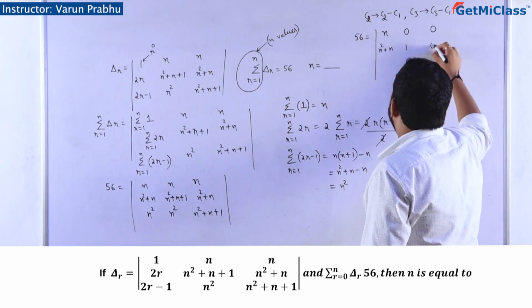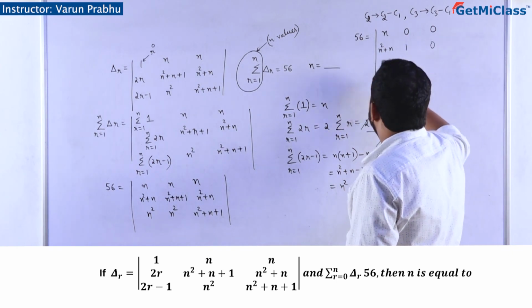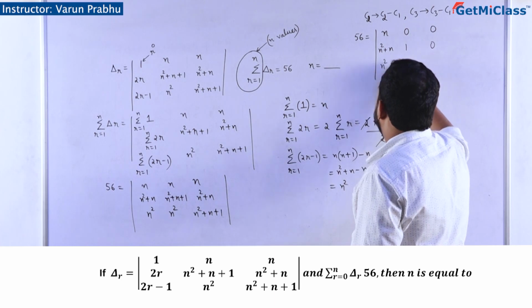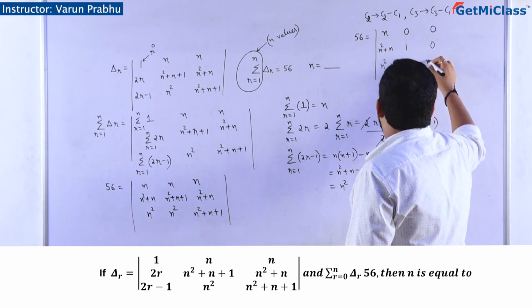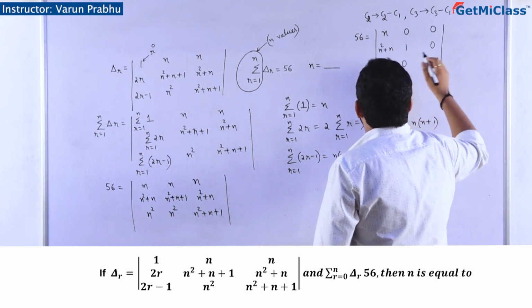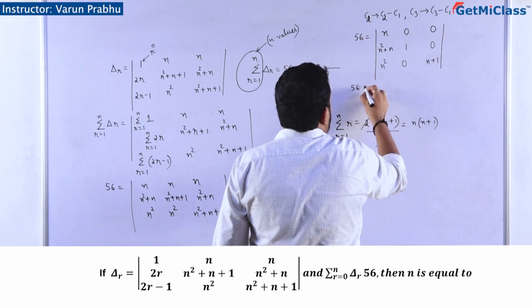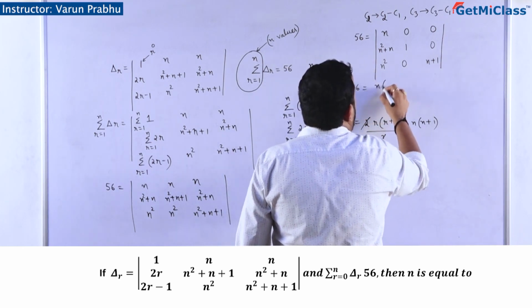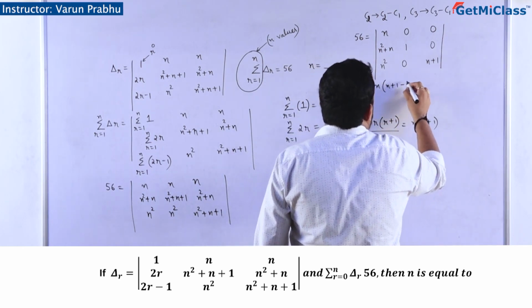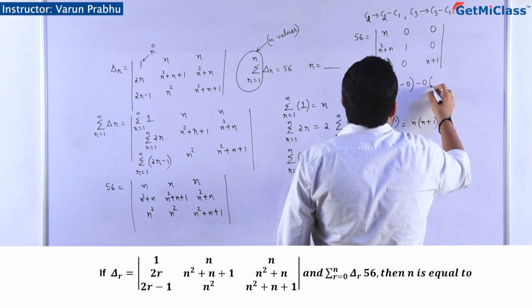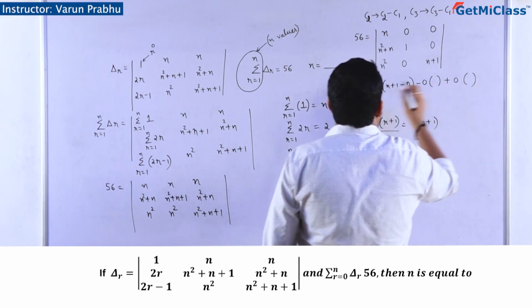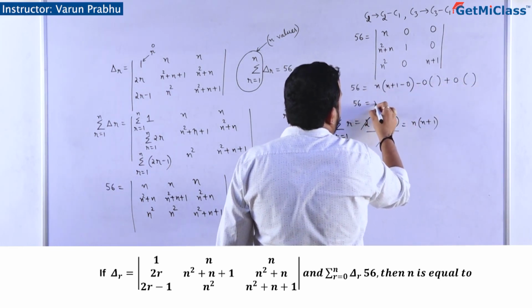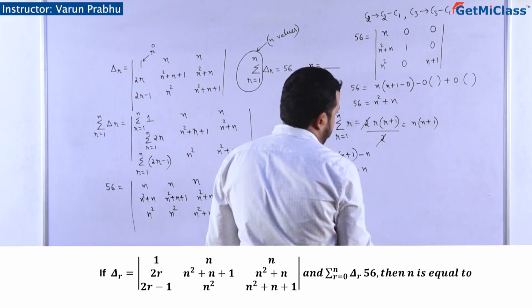Here this will be 1 and this part will become equal to 0. And here this is n square, this is 0, and this is n plus 1. Is it right? So 56, that is equal to, if we expand, n into n plus 1 minus 0 into anything plus 0 into anything. So your answer will be 56 is equal to n square plus n.